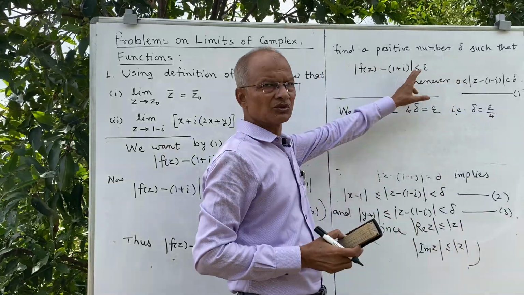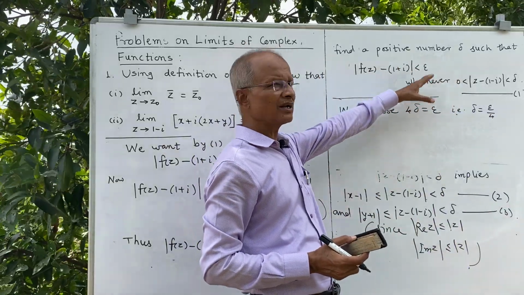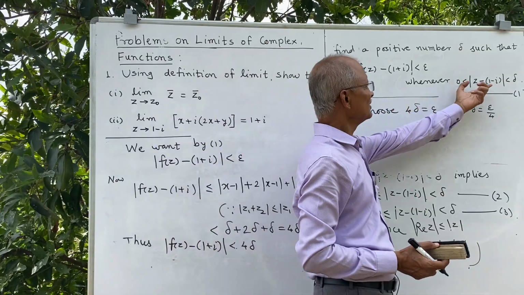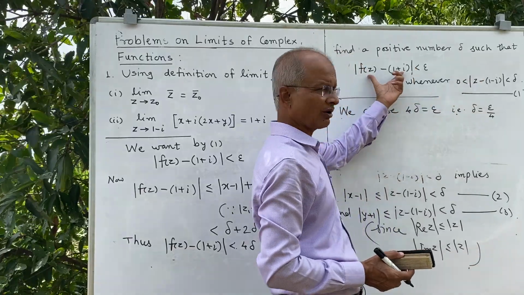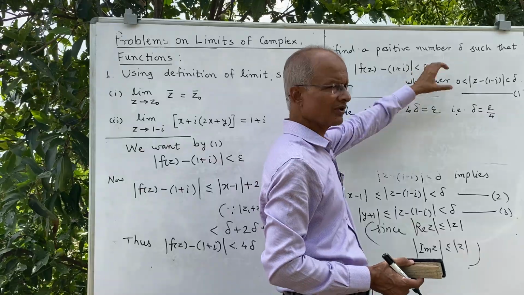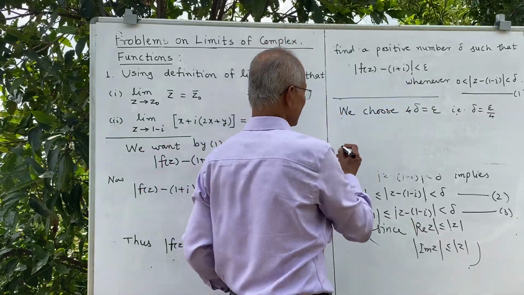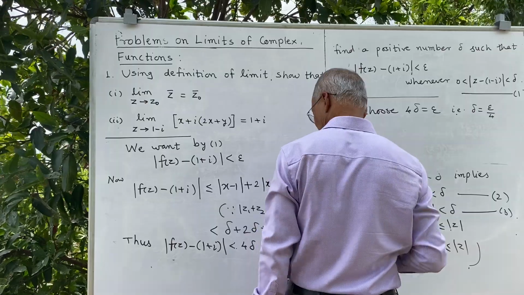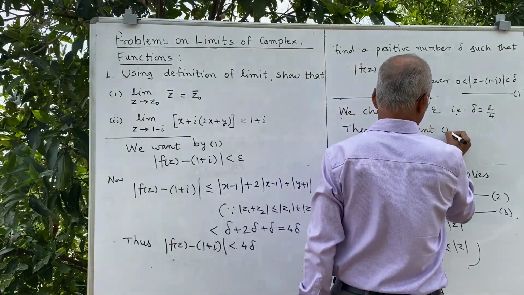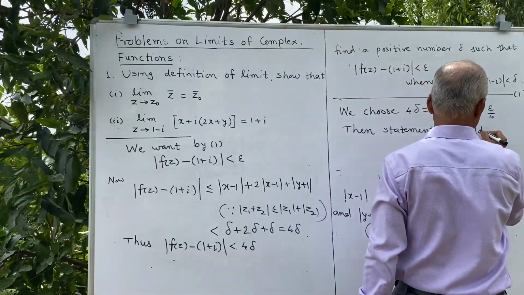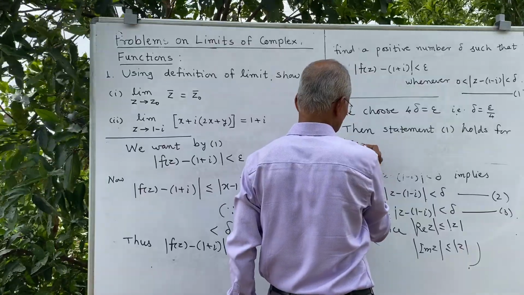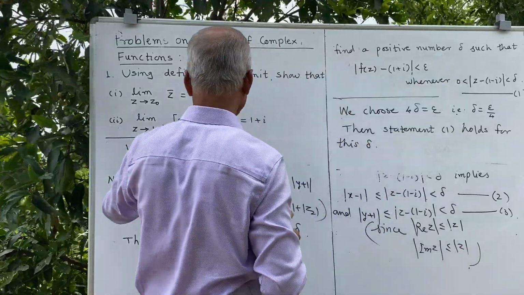Whatever epsilon is given, choose delta as epsilon divided by 4, then this inequality holds and this statement also holds. Then mod of f of z minus (1 plus i) will be less than epsilon, so statement 1 holds for this delta, and this proves the required limit.